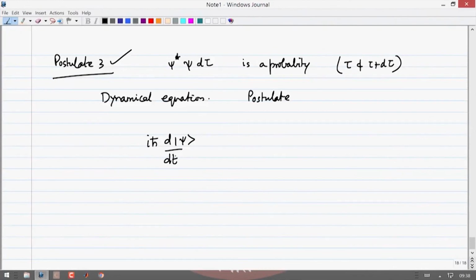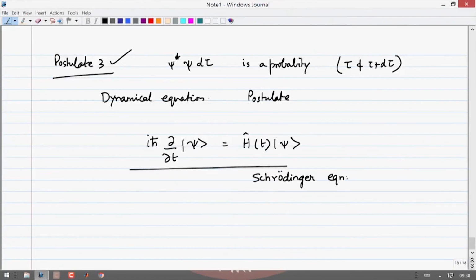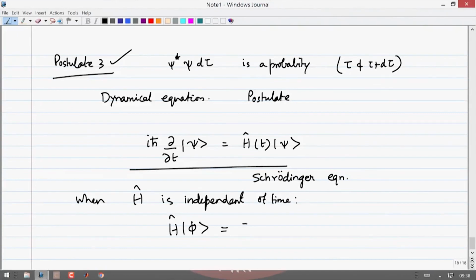Well, to be precise, I should write the partial derivative dou by dou t of psi is the Hamiltonian, which may or may not depend on time. When H is independent of time, we have seen this earlier also, that we study the equation H phi is equal to E phi, of that wave function phi.